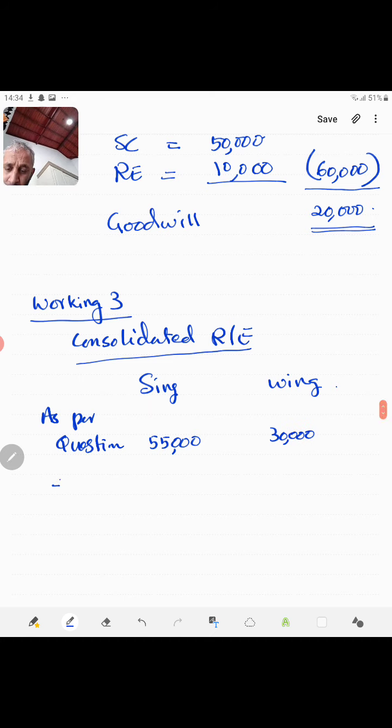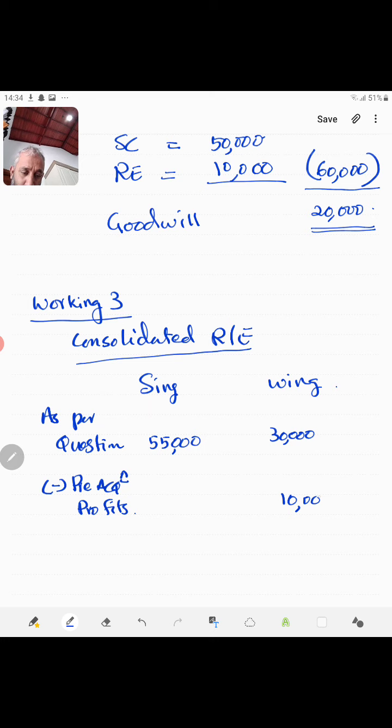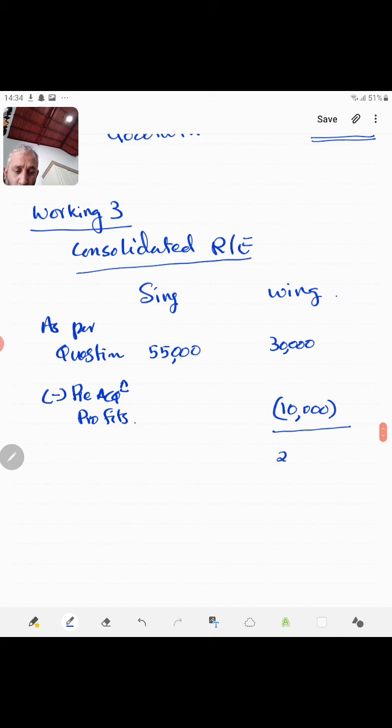Then from this, we have to subtract pre-acquisition profits, that is 10,000 as per the question. So you subtract that, then you get 20,000. This is known as post-acquisition retained earnings.